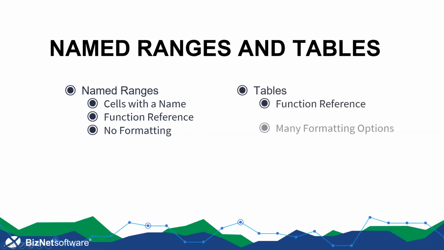Whereas tables, you can also reference those in a function, but you can get different colors with those, lots of different options. For those of you who are more technical minded, it is an XML table embedded within your spreadsheet. Another reason I really bring this up is because your table, or all of these data connections, will come in as a table.